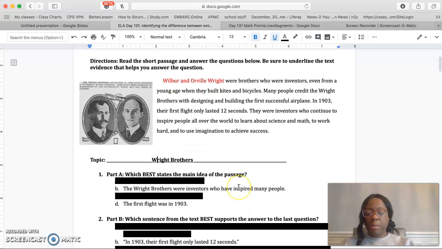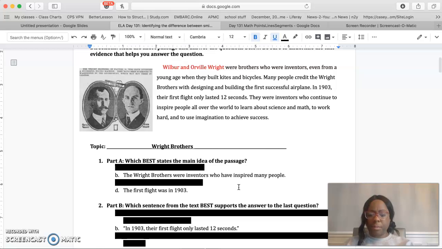Now, question number 1 says, part A, which best states the main idea of the passage? We know from previous experience that our main idea is the topic plus the most important thing in the passage. We've already identified the topic, so our answer for this one is so simple.